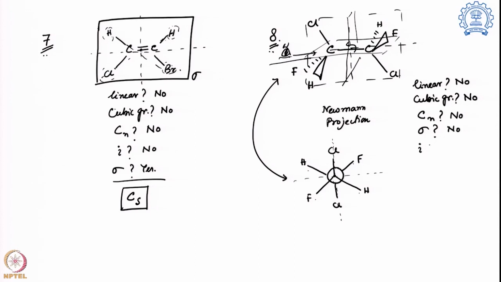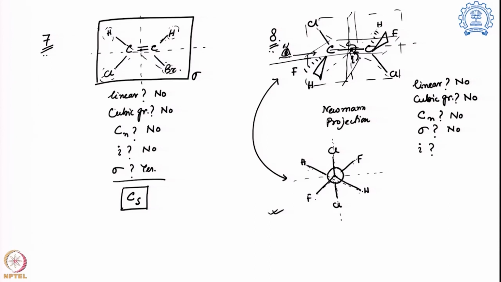Now, the question is, does it have a center of inversion? It has to be in the middle over here if it is there. So, this hydrogen passes through that. Is it reaching a hydrogen? It is easy to see from this Newman projection, going through that center of symmetry, the midpoint between the carbon-carbon bond, hydrogen reaches a hydrogen. Fluorine reaches a fluorine, chlorine reaches a chlorine.